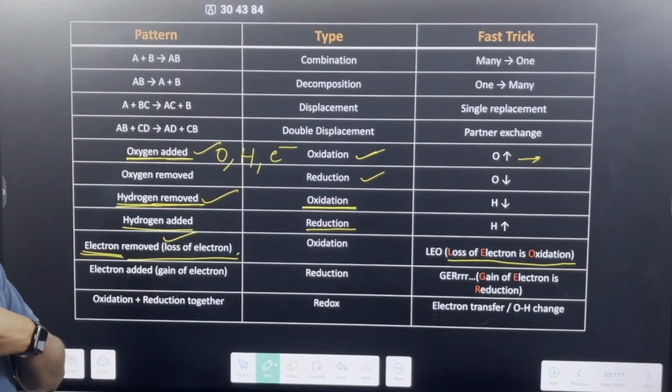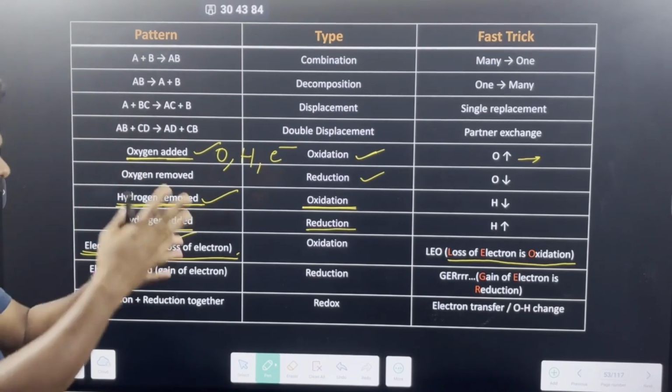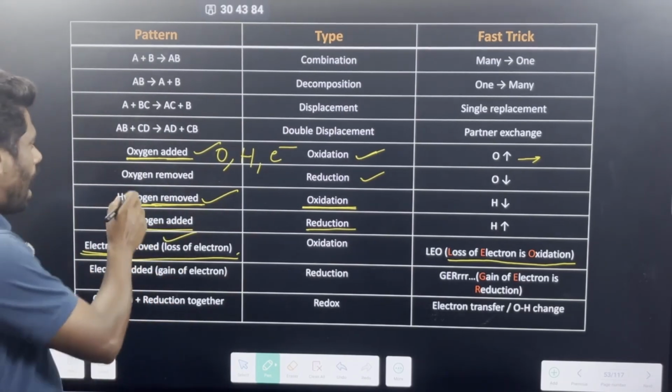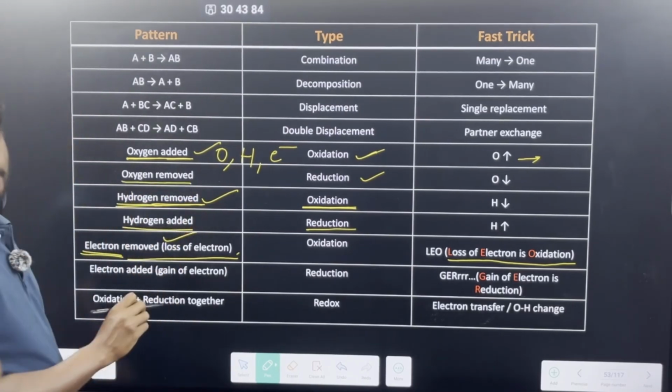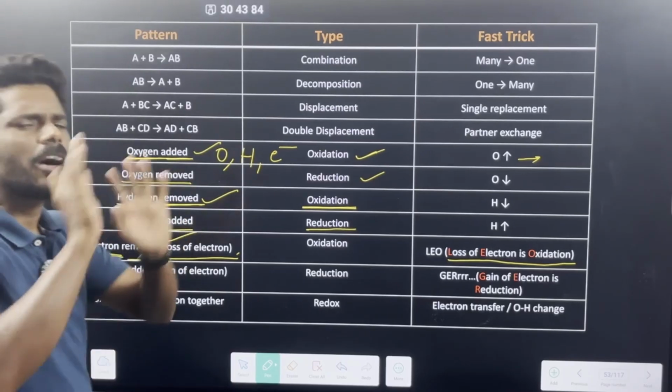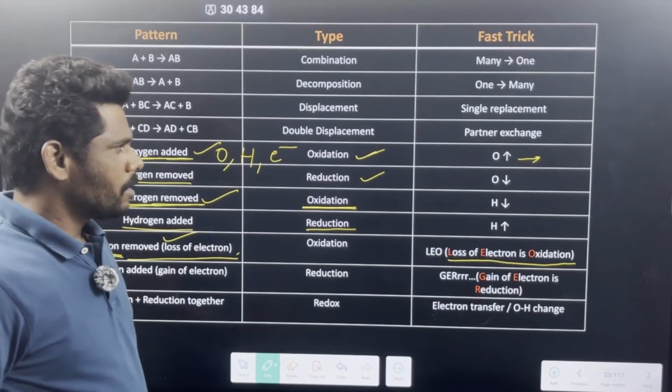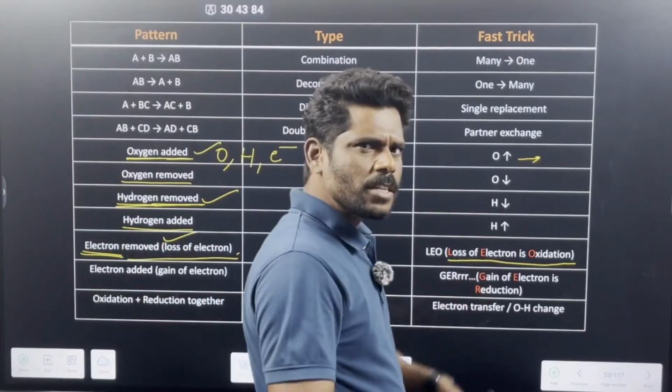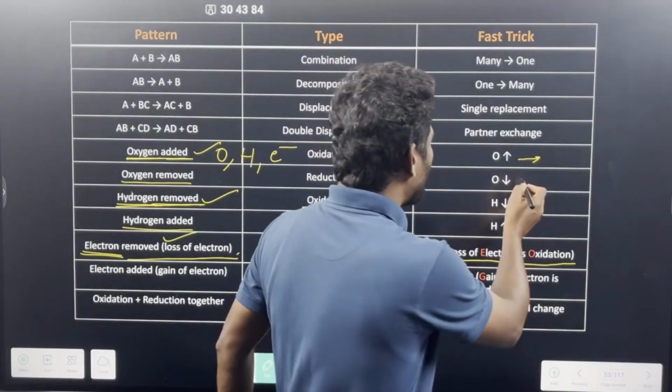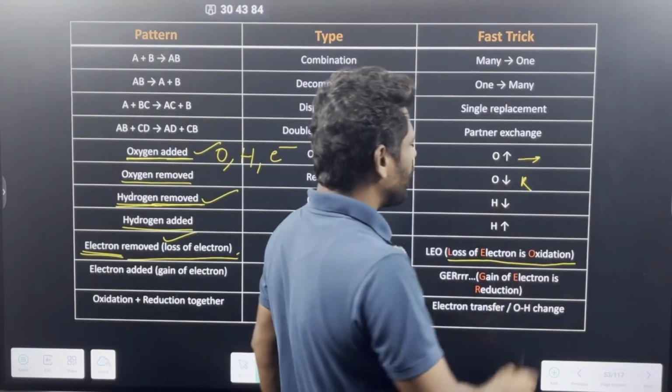Hydrogen is added to me, so I have undergone reduction. Suppose oxygen is removed from me. Someone took out the oxygen from me. How to say that? The number of oxygens with me decreased. So I have undergone reduction.